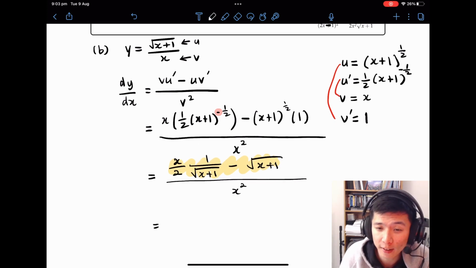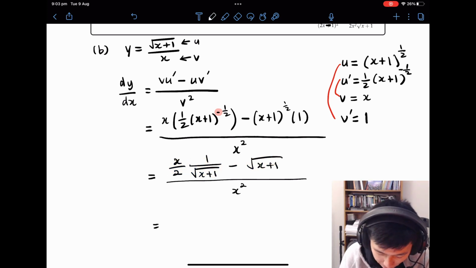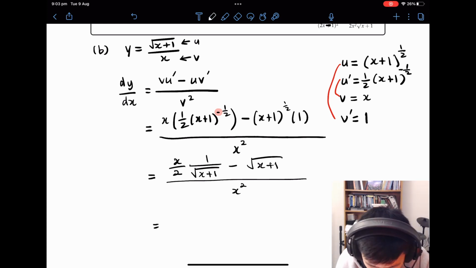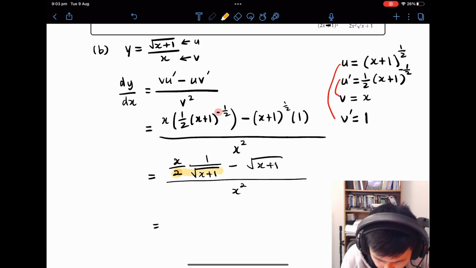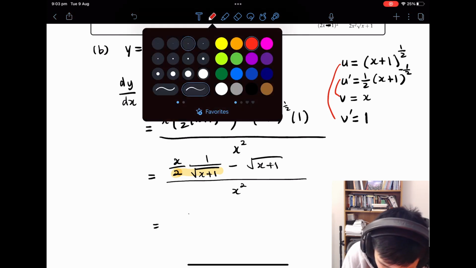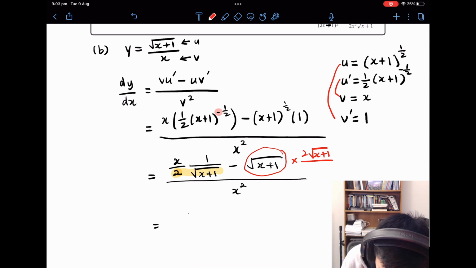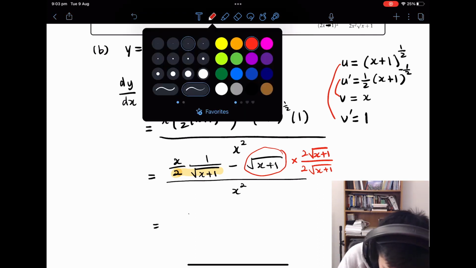Well, in order to simplify that, I need to make sure that the denominators are the same. So what is the denominator? Well, the denominator is 2 root x + 1. So let's multiply our second term, this term, by 2 root x + 1 divided by 2 root x + 1, so that I can make sure that the denominator is the same.